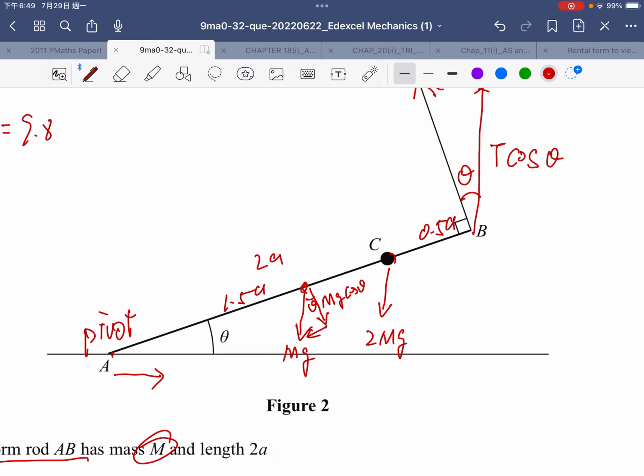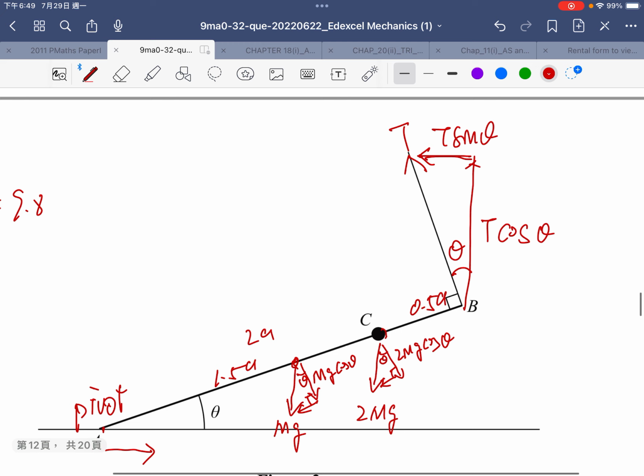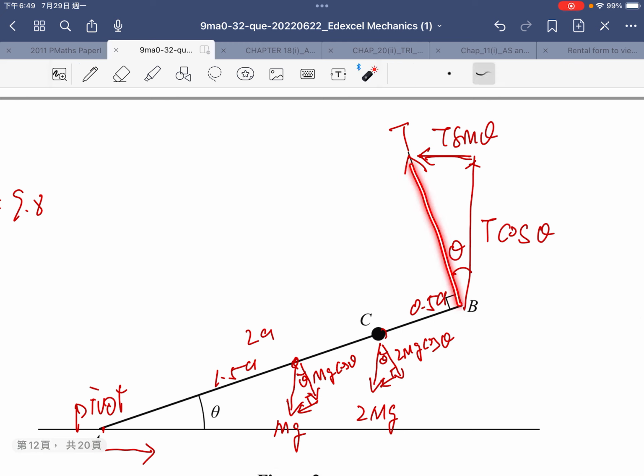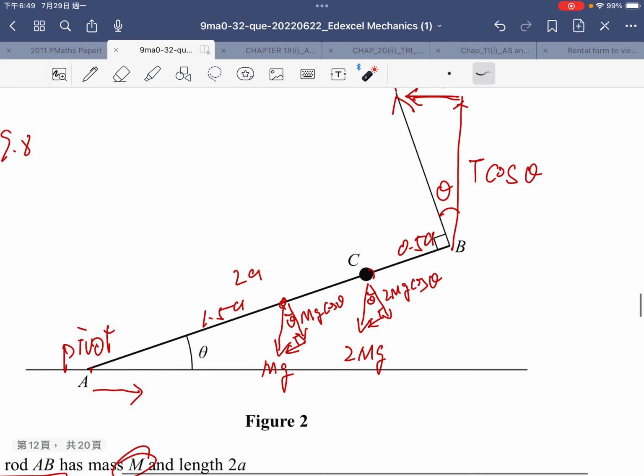This force should be mg cosine theta, this is mg sine theta, and this is 2mg cosine theta. These forces are in equilibrium about the pivot point. Therefore, we have to calculate the distances.